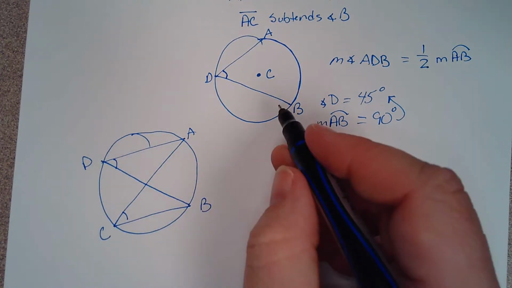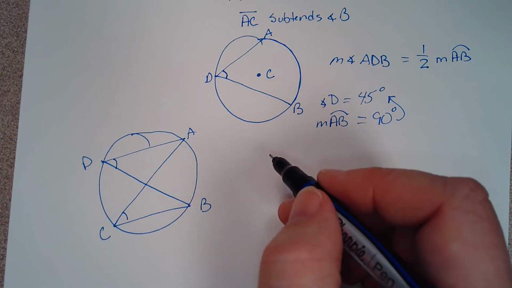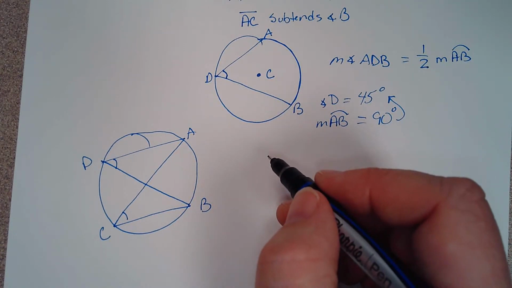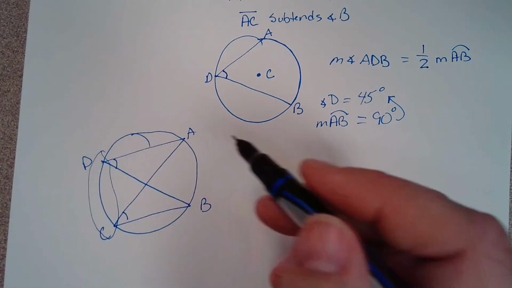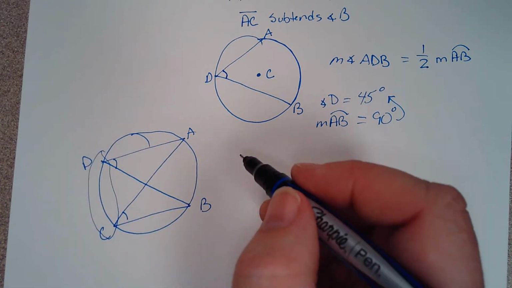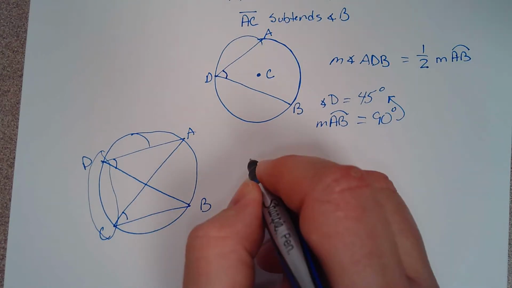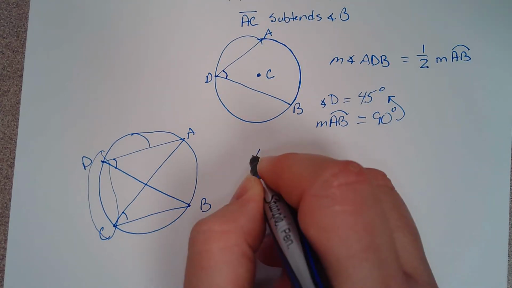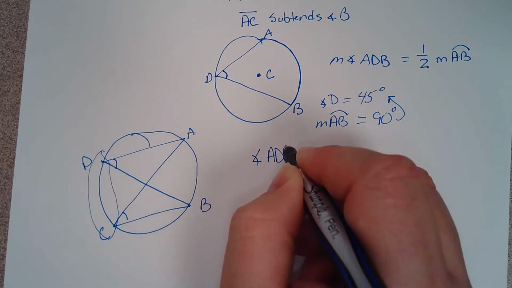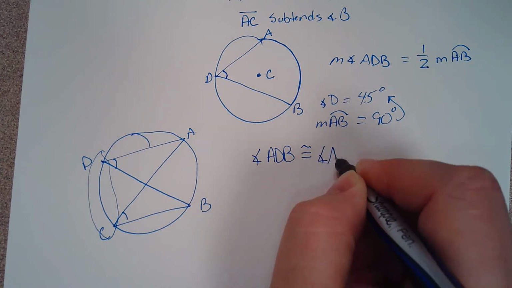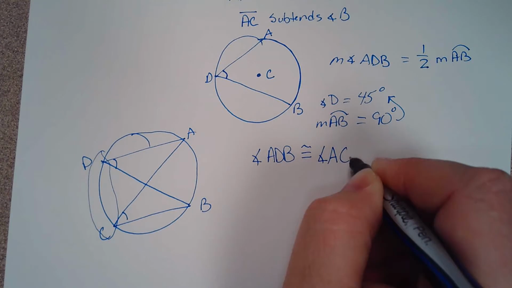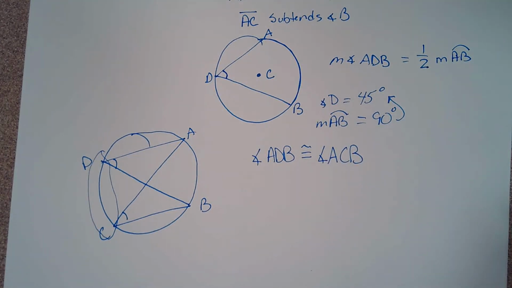If two inscribed angles of a circle intercept the same arc, then the angles are congruent. So that means the measure of angle ADB is congruent to the measure of angle ACB. The two of them are the same.